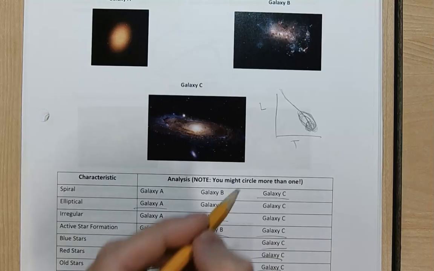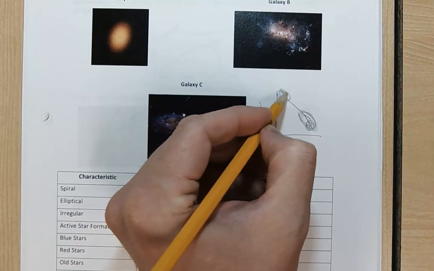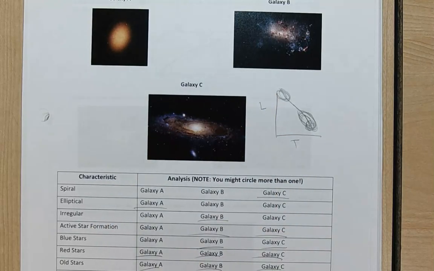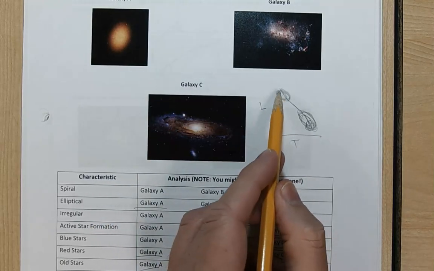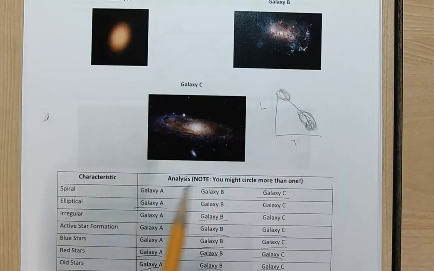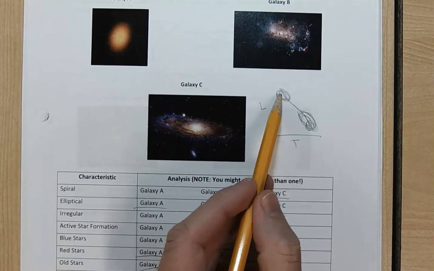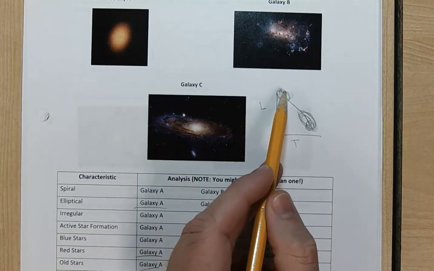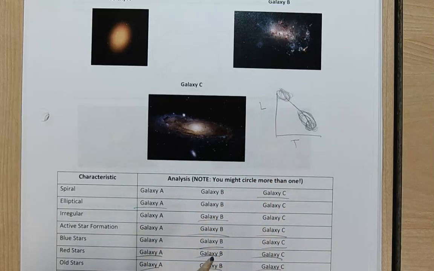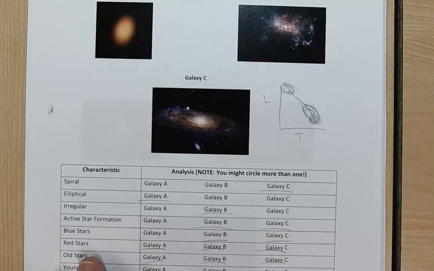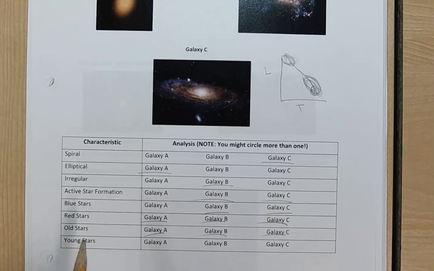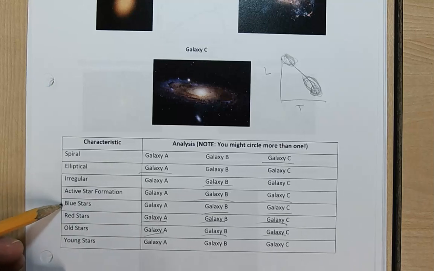Because they're hot. Those are blue, hot, bright, high luminosity stars. Why? Because they're high mass main sequence stars. And what do we know about these high mass main sequence stars? They have short lifetimes.